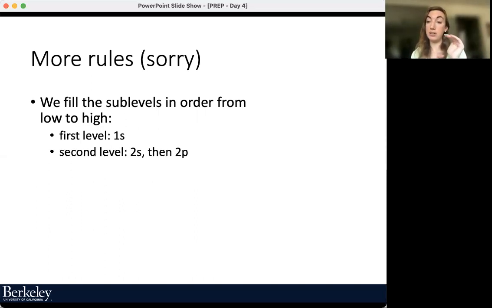And then we're going to go to the second level. We're going to fill its s orbital, and then its p orbitals. And then we're going to go to the third level and fill the 3s orbital, and then the 3p orbitals. Again, I know this is a ton of rules all at once. We're going to step through an example in a minute.